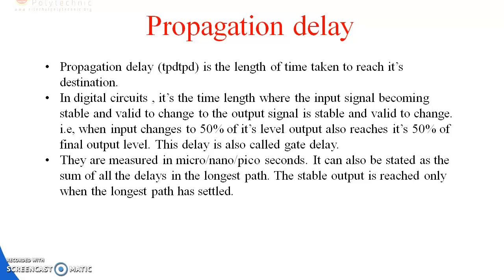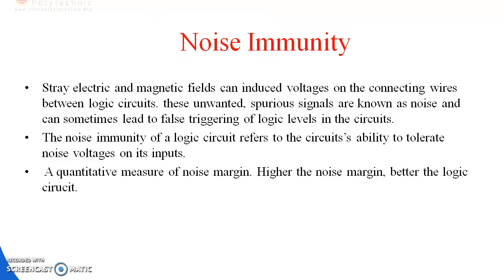Then VIL, the maximum low input voltage, and VOL, the maximum low output voltage. So these are the voltage parameters, and the current parameters are IIH, the high input current, IIL, the low input current, IOH, the high output current, and IOL, the low output current. So these are the voltage and current parameters.